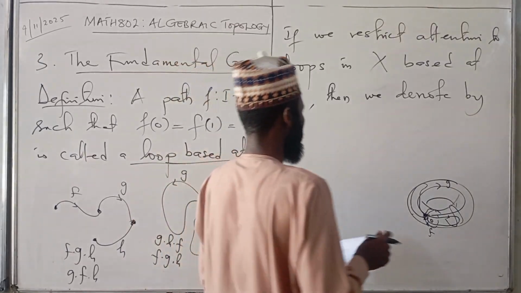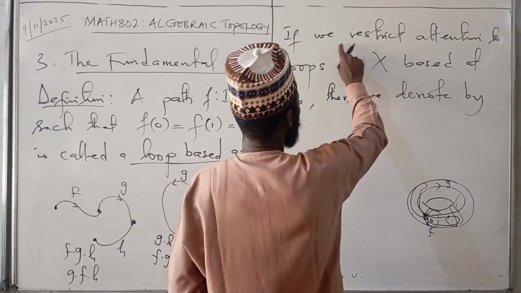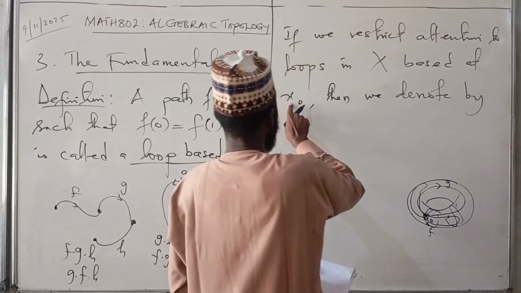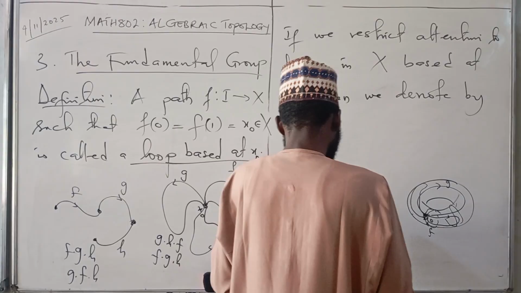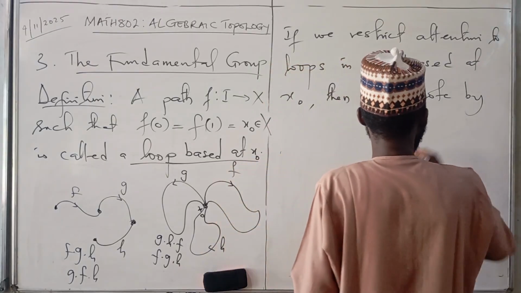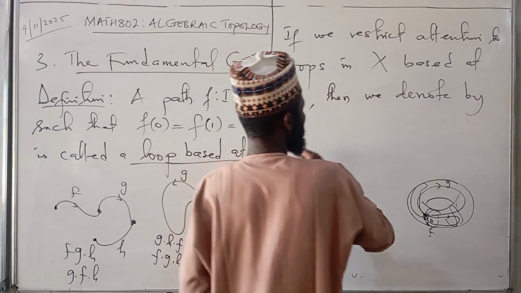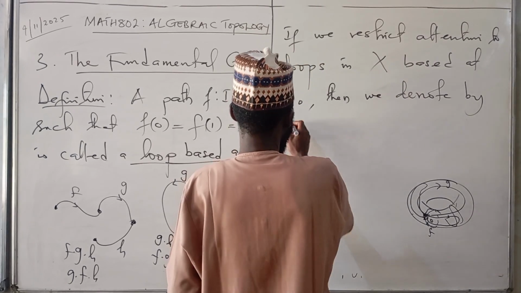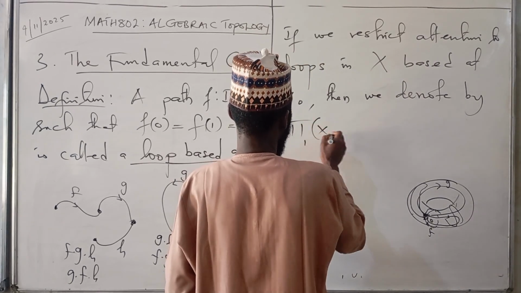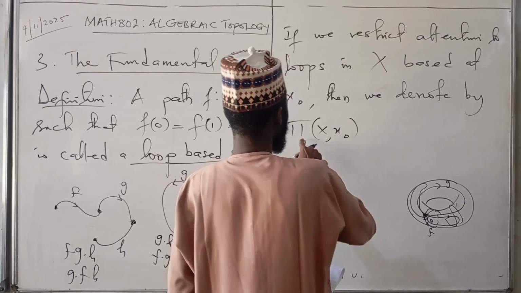So if we restrict attention to loops based at x naught, we have so many homotopy classes, and then the collection of all homotopy classes, the set, we denote by phi 1 x naught.